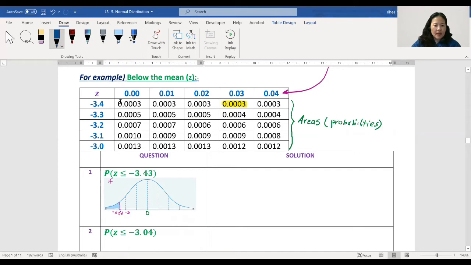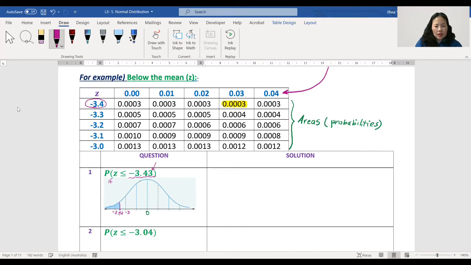So if I want to find the area, the probability, when z equals minus 3.43, for example, question 1. I want to look at negative 3.4 here, and my second decimal place is this column.